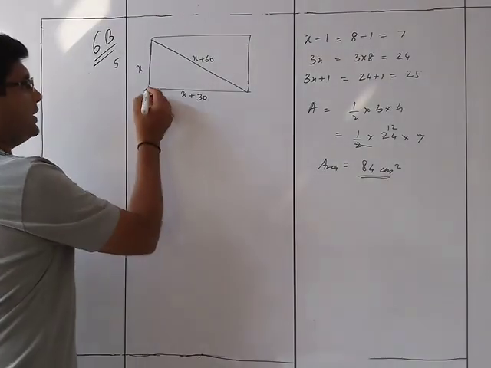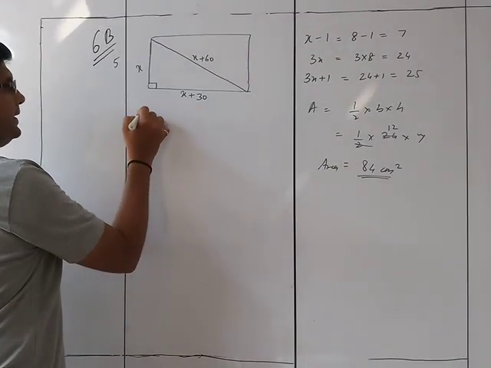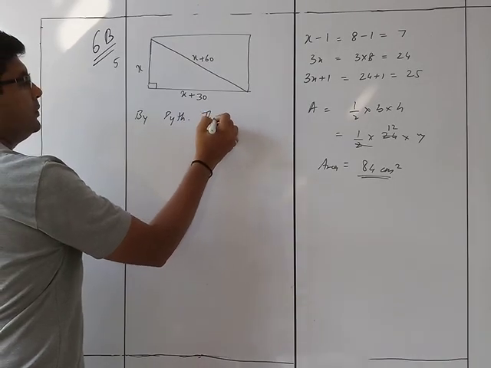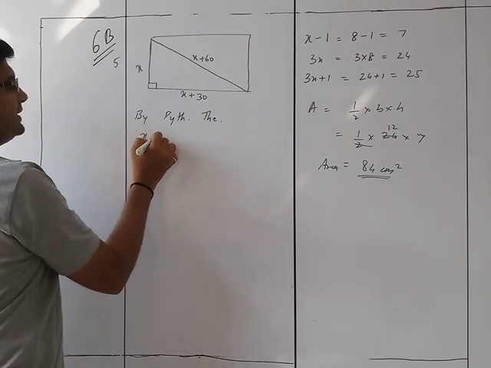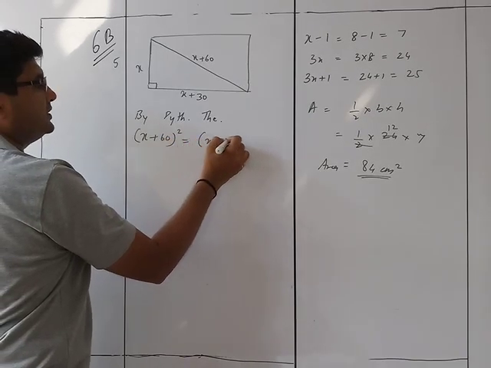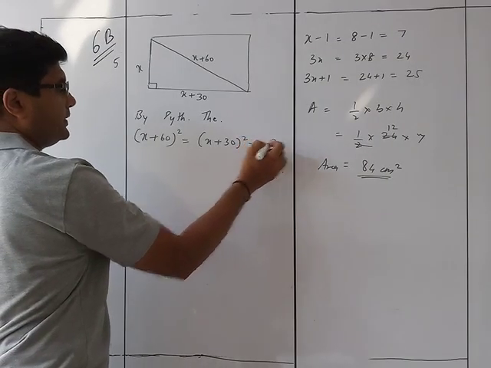Here we'll use again the Pythagoras theorem. So by Pythagoras theorem, we have x plus 60 the whole square is equal to x plus 30 the whole square plus x square.